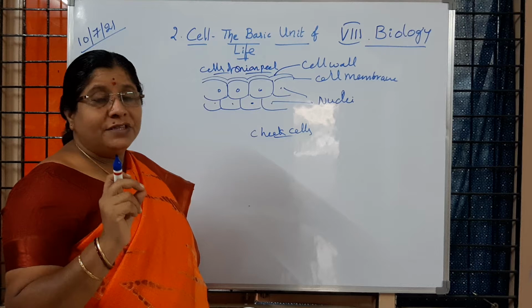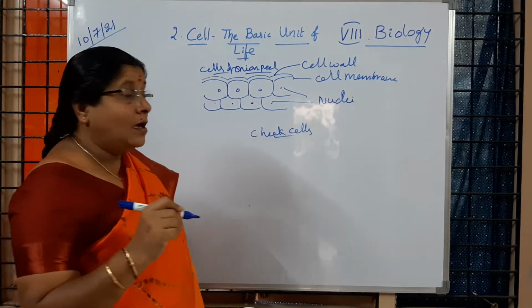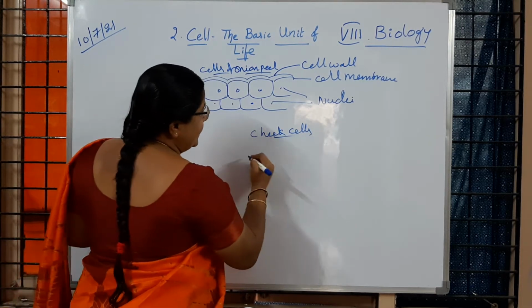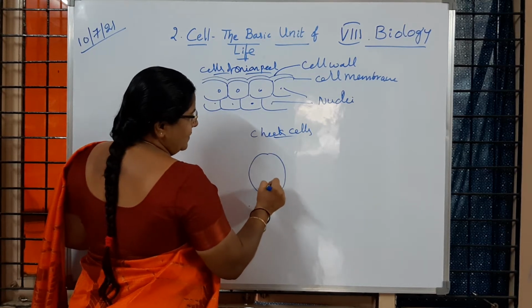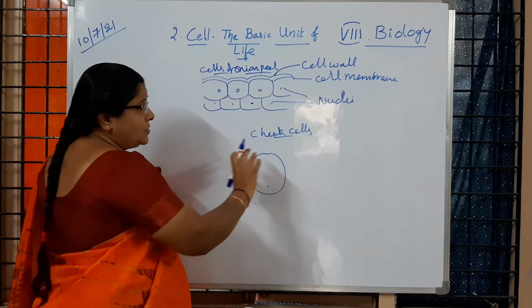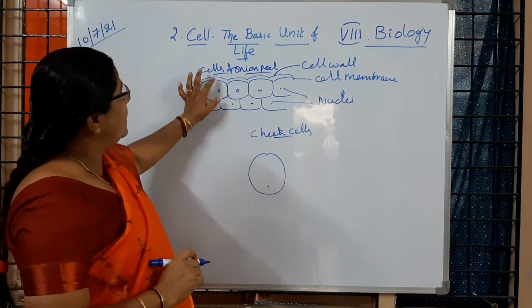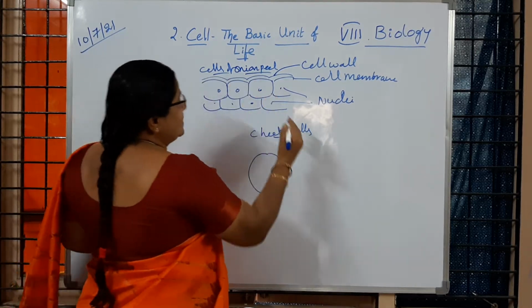You cleaned it with water, put methylene blue, and observed it under the microscope. You saw a structure like this, with some other parts. So you have observed cheek cells and onion peel cells.